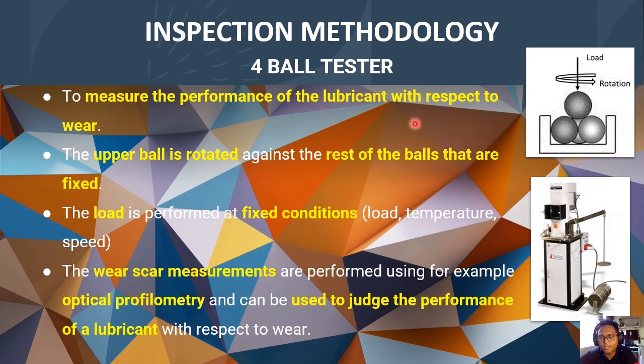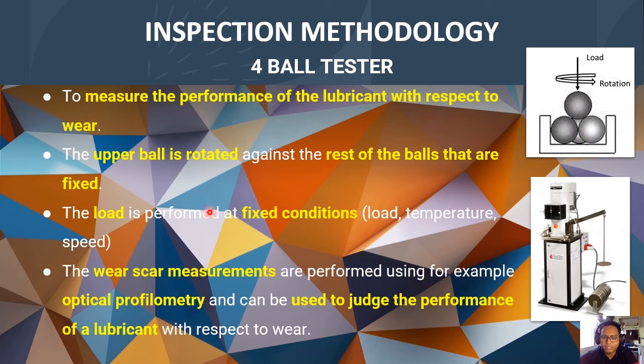This test is run to measure the performance of lubricant with respect to wear. The methodology of this test is by placing three fixed balls below here, and up here we put another ball that is rotated against the rest of the balls at the bottom of it.